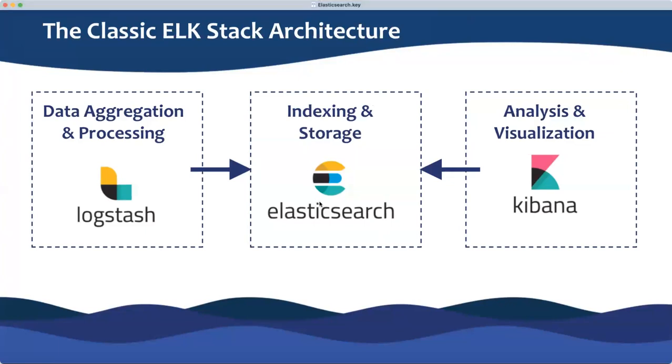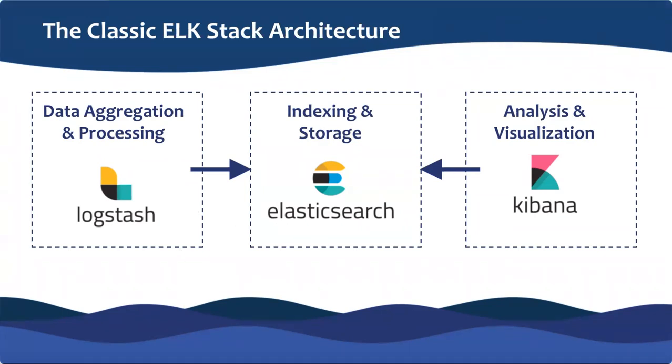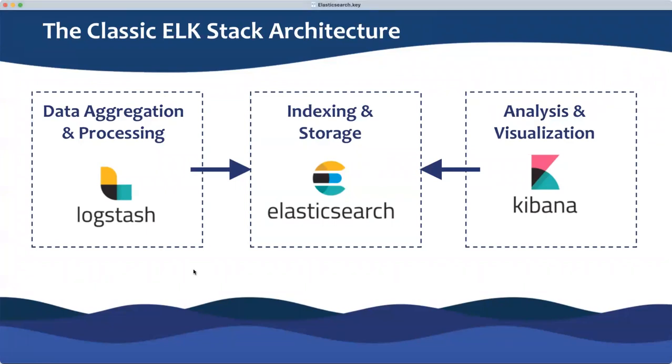Right. And in this stack, Elasticsearch is at the heart of the stack, and it's the component which is not optional. The other components are optional. So you may choose not to use Logstash at all, and you may have some other mechanisms to push that data to Elasticsearch. There are lots of different agents available that you can install on the servers, and they may directly push data to Elasticsearch.